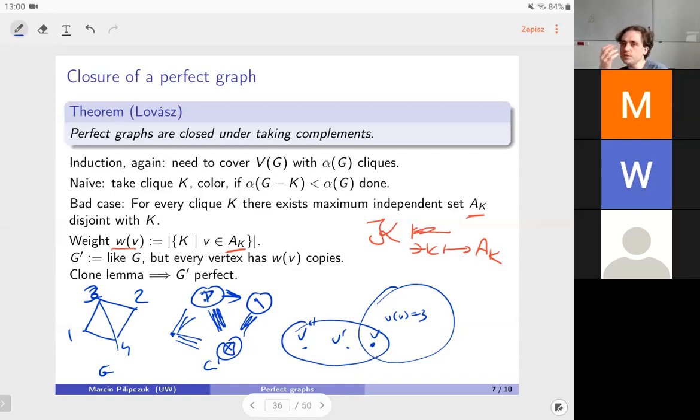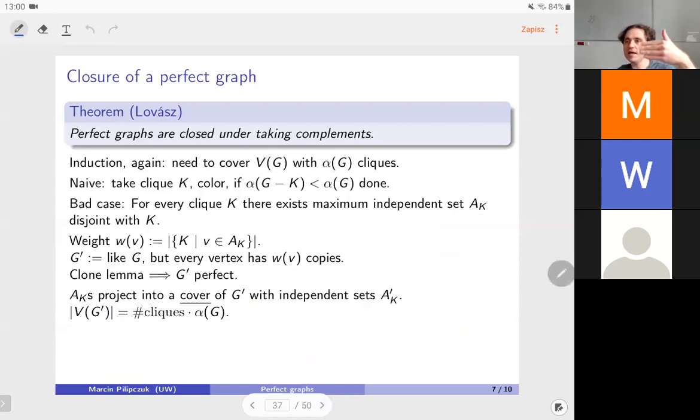Yeah, but what did we gain? In a sense, we can now project these AKs to disjoint independent sets. What I want to say is that a vertex had a weight, I mean, the weight of the vertex was the number of AKs it is in. And now it gets cloned into this number of copies, so you can assign a different copy to different AK.